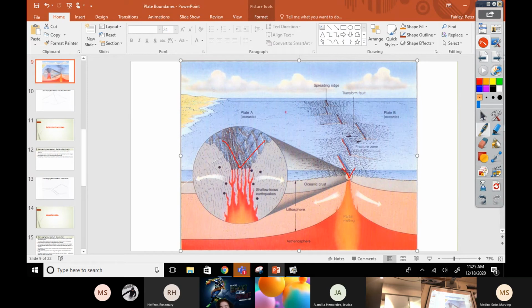I'm going to ask Jessica, since she passed on that last one, to tell me, what is the name of the place where the ridge splits apart? Where the two plates are actually splitting apart. What is that at the top of the mid-ocean ridge? What do we call that? What do you think, Jessica?